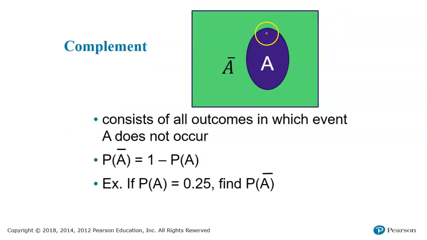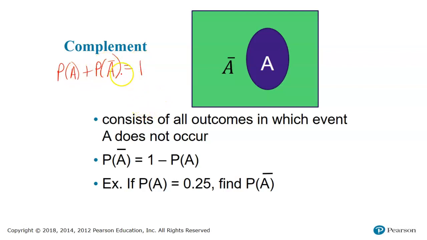Okay, this is kind of a Venn diagram showing if it's an event A, then everything that's not in A is its complement. And because it's either in A or it's not in A, the two together combine to be a certain event. So it's certain that it's either in A or it's not in A. And because of that, we have the probability of A plus the probability of the complement of A is going to equal 1.